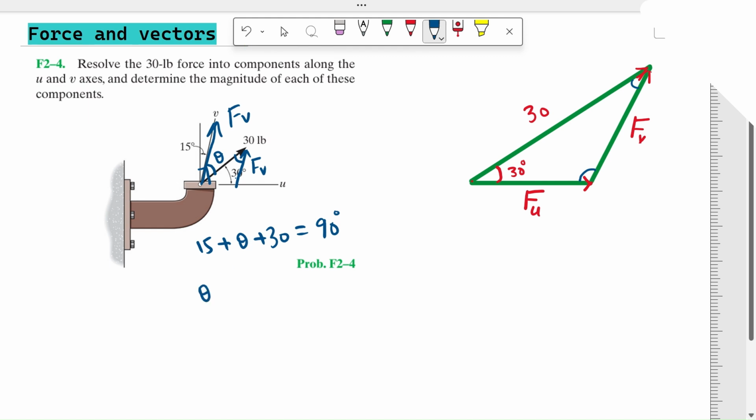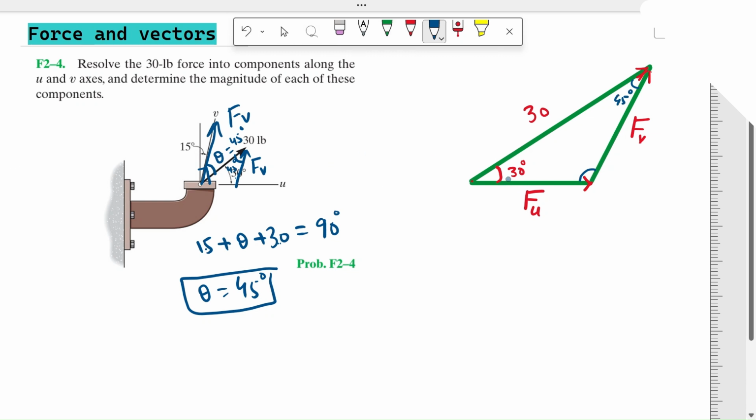So just after adding these values and shifting to the other side, I will get 45 degrees. So it is very basic geometry. We found the value of this theta. So if this is 45, this angle will also be 45 degrees.